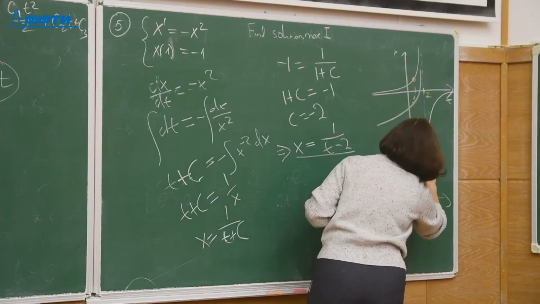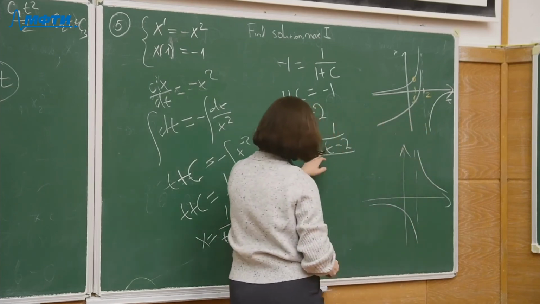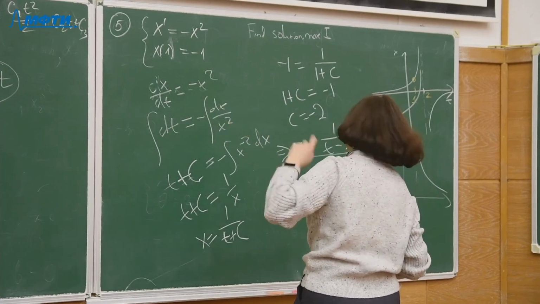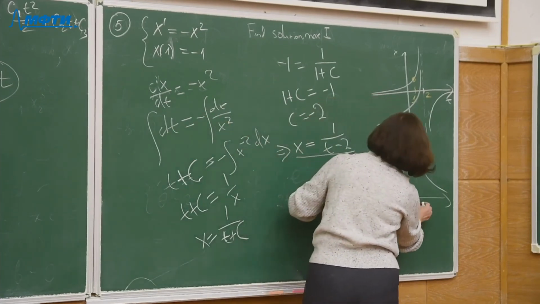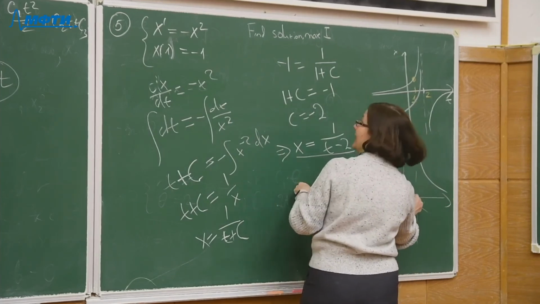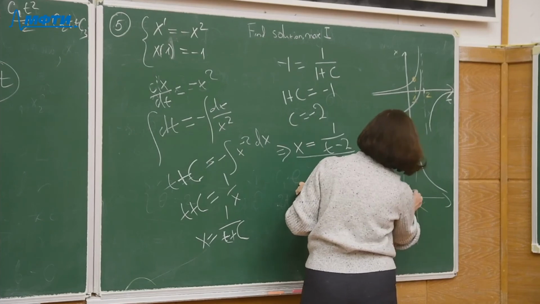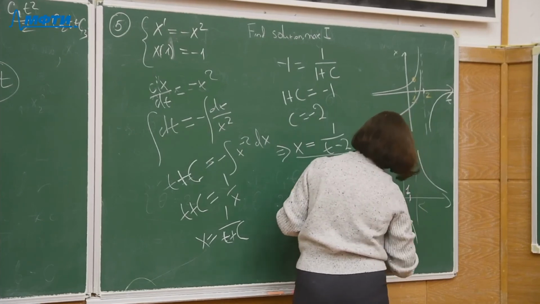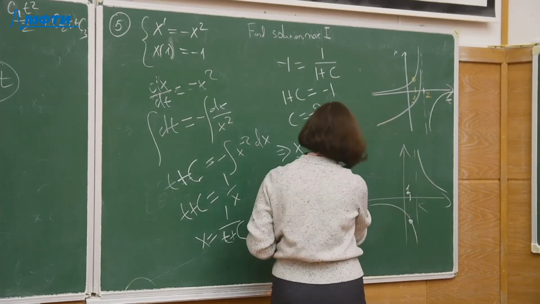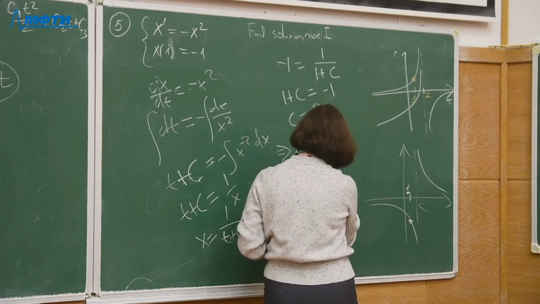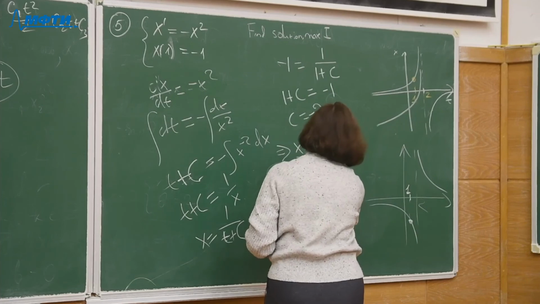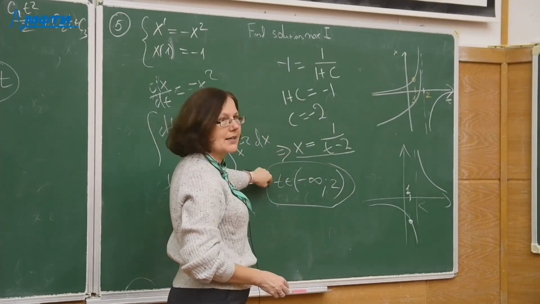The correct one is this, I think, because it is plus t. It must be this hyperbola, right? For t equals 1, we have this initial condition, and so we must take this branch of the hyperbola. So t belongs to the interval from -infinity to 2. So this is the answer. This is the solution, and this is the maximal interval.